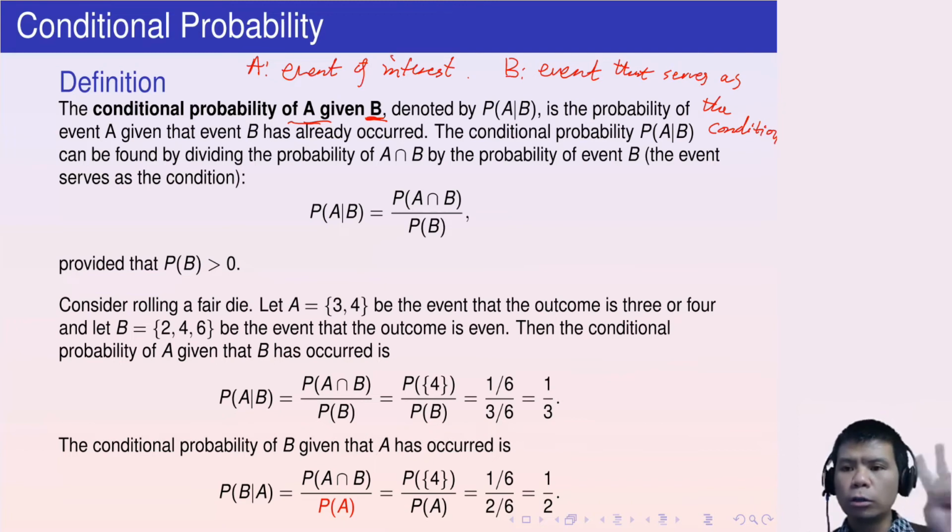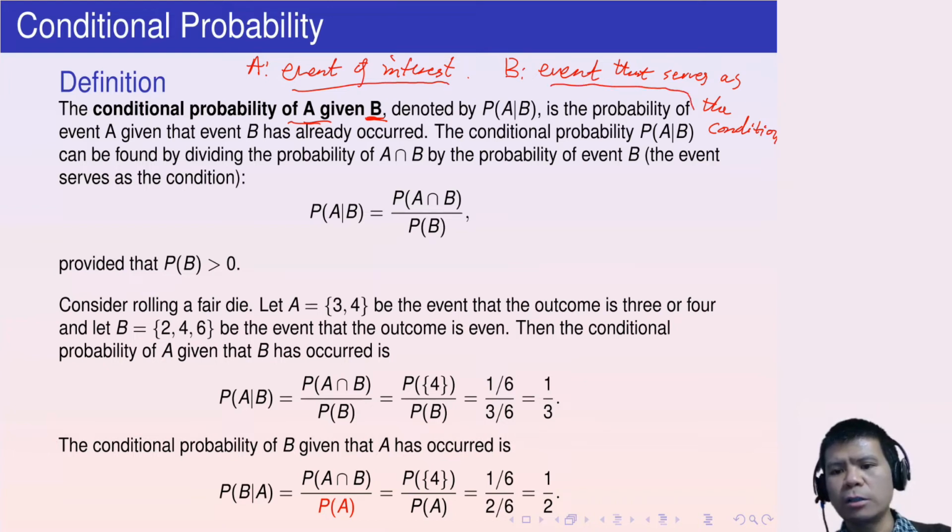So there are two events. One event is the event of interest. The other event is the event that serves as a condition. Be careful: when we are talking about conditional probabilities, there are two events. Now, the notation is given here.